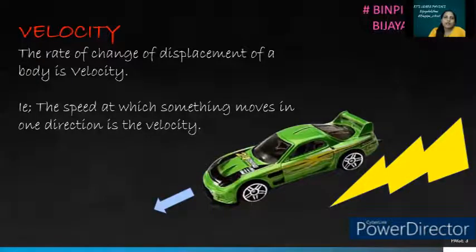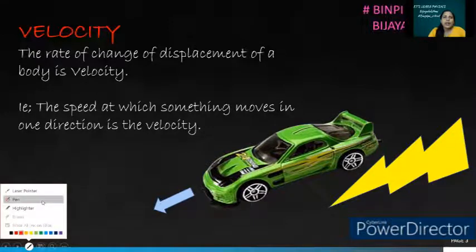Now the definition of velocity, as it says, is the rate of change of displacement of the body. That means the speed at which something moves in one direction is termed velocity. We can also say that it is a vector measurement of the rate and direction of motion, or the speed at which something is moving in a particular direction.